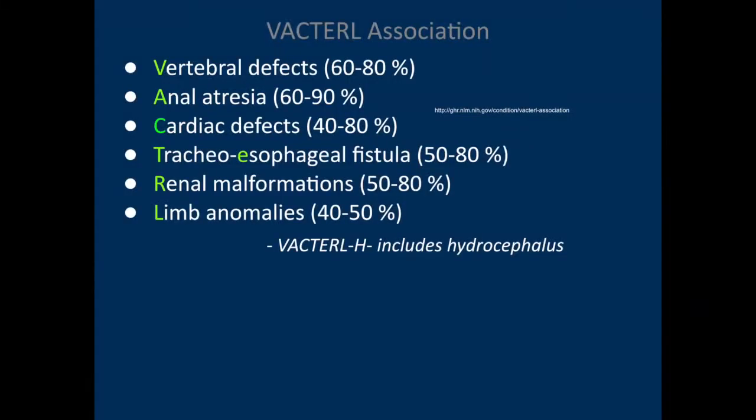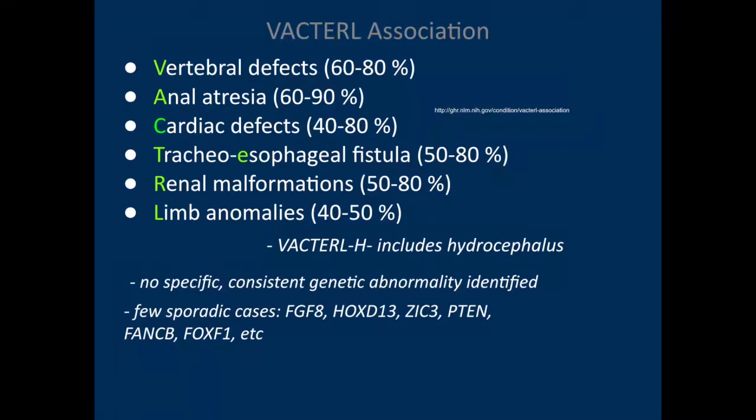Now moving on to the VACTERL association. This is a little bit of an outlier for a genetics talk in the sense that we speak about this as an association, meaning this is a cluster of defects that travel together in the context of an acronym for VACTERL, but that really have not been specifically consistently reported to have a genetic abnormality.